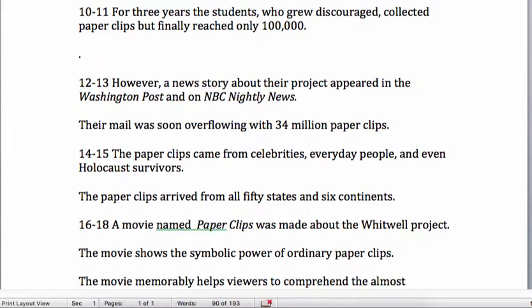Okay, these get trickier. However, a news story about their project appeared in the Washington Post and on NBC Nightly News. Their mail was soon overflowing with 34 million paper clips. You don't see anything too much here that will go together.